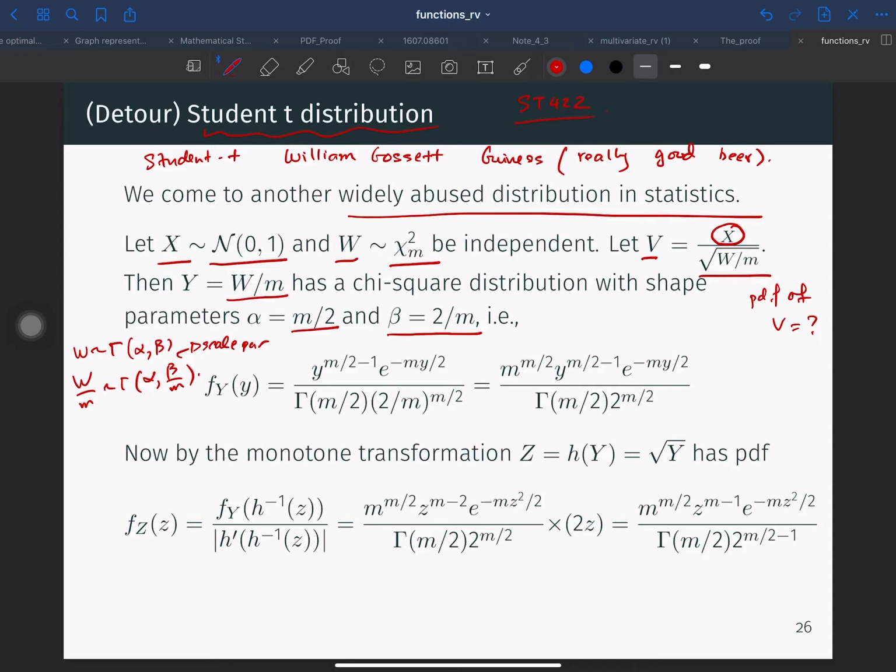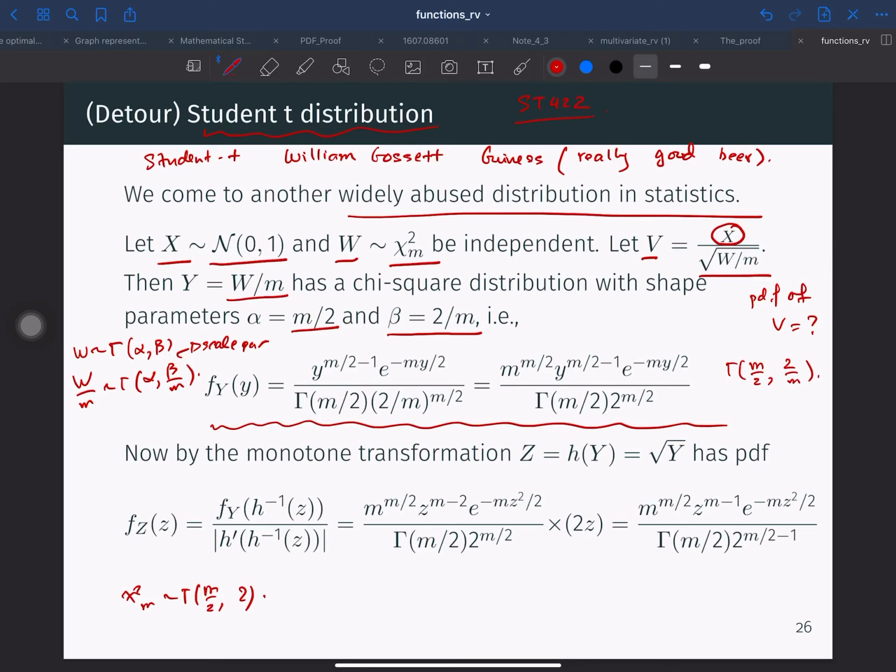As you remember, chi-squared m is gamma m over 2, 2. So the PDF for Y is simply the PDF for gamma m over 2 and 2 over m from chapter 4.